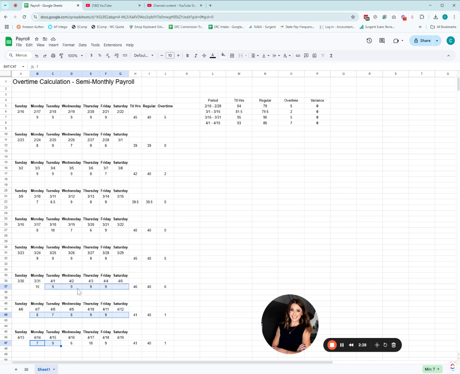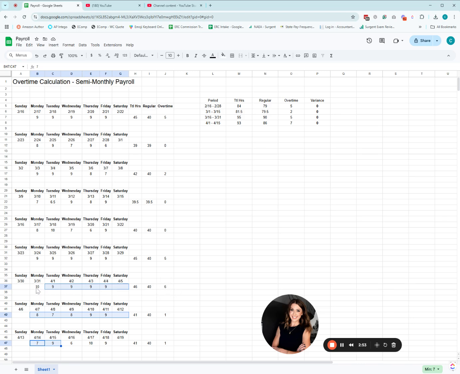So like on this week here, 46 total hours were worked. 10 were already paid as regular hours on this previous paycheck. And so for this work week, the employee is still owed 30 regular because they worked a total of 40, but 10 have already been paid, and then 6 overtime.